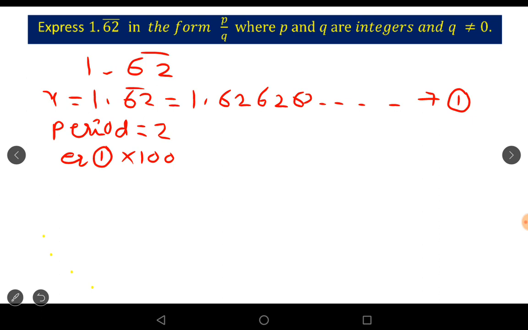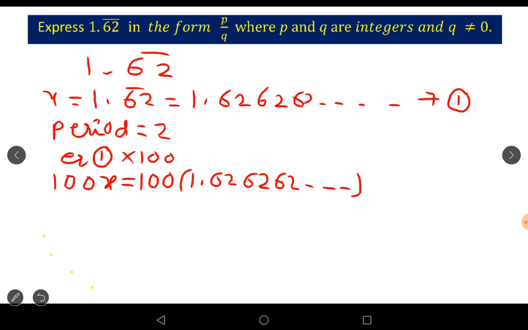Multiply with 100. So LHS is 100 into x. RHS is 100 multiplied with 1.62, continuing. Okay students, when you multiply a decimal number by 100, the decimal point moves to the right 2 places.